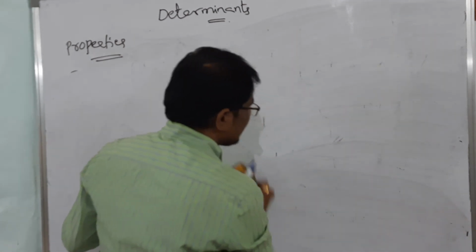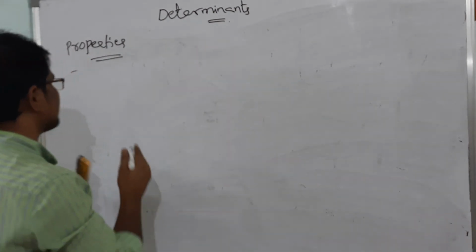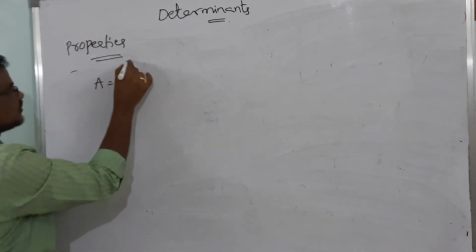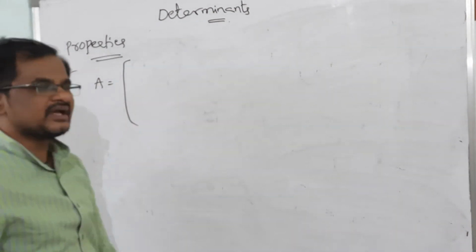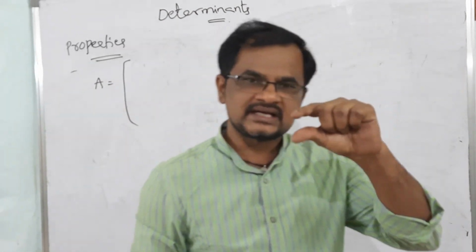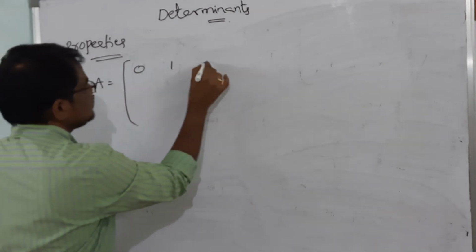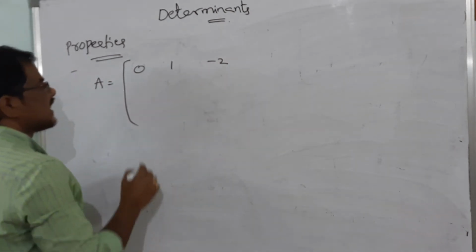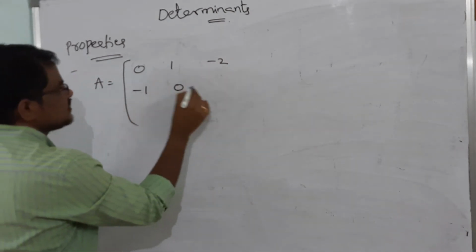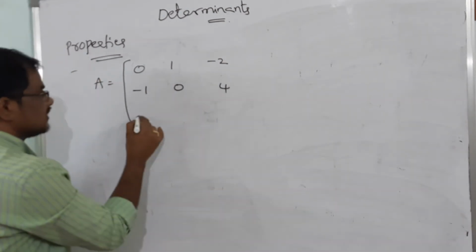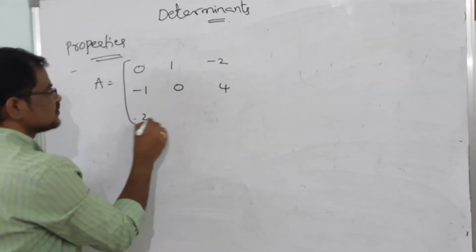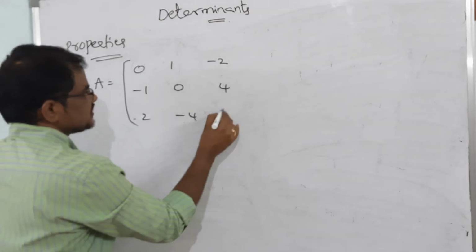Next, suppose you already know the skew symmetric matrix. Suppose A equal to, we know that in a skew symmetric matrix the principal diagonal elements are 0. So like this: 0 1 minus 2, minus 1 0 4, and plus 2 minus 4 0.